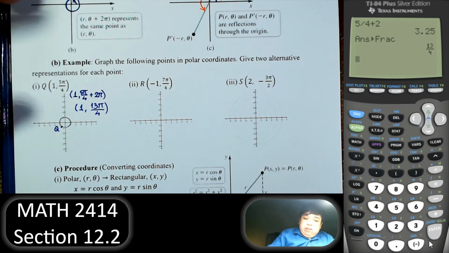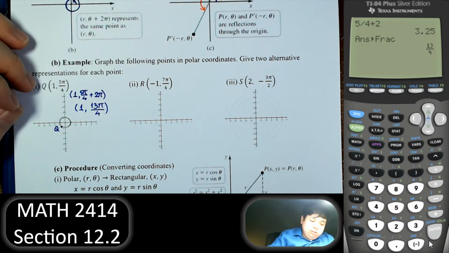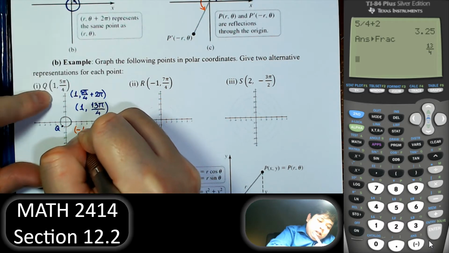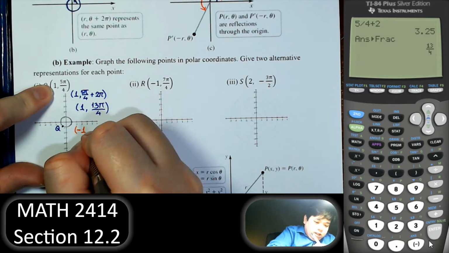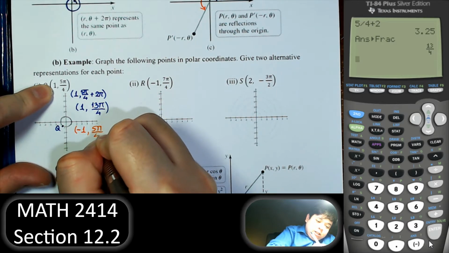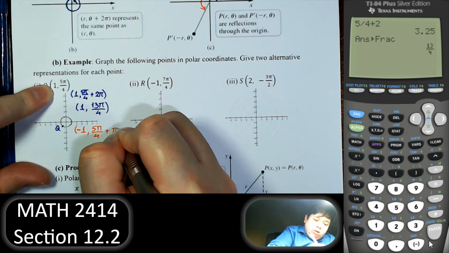Or we can also have a different representation using the opposite of the radius, use negative of that, and in that case I will add half of a revolution.